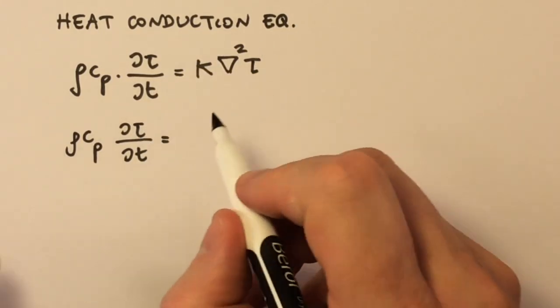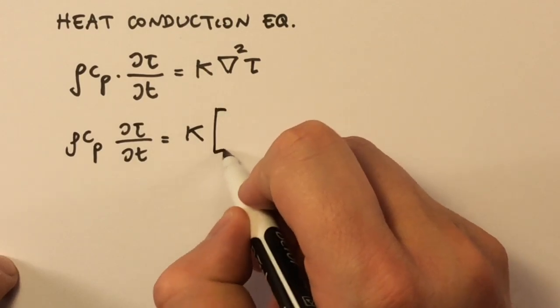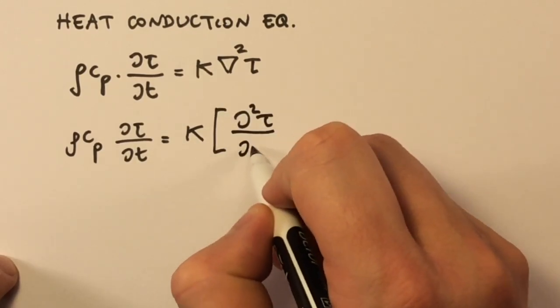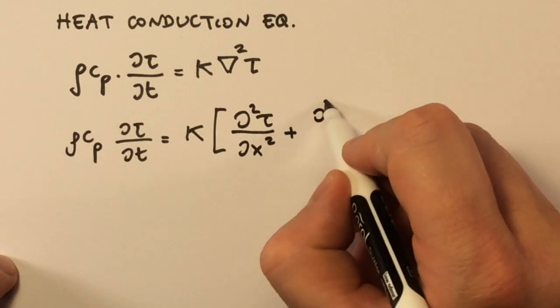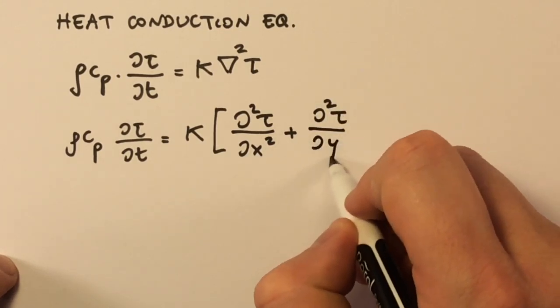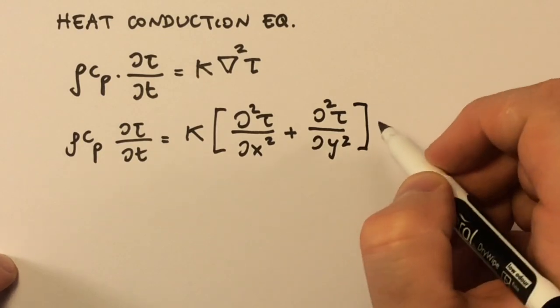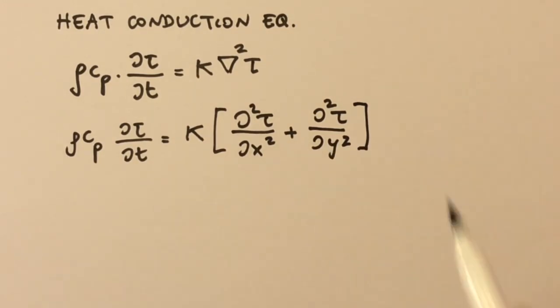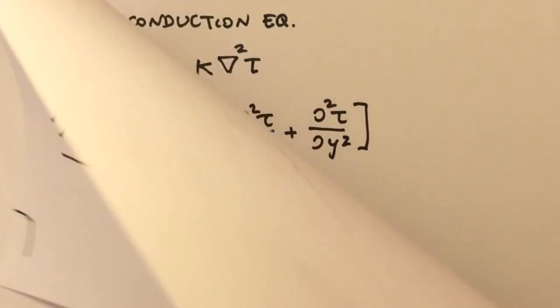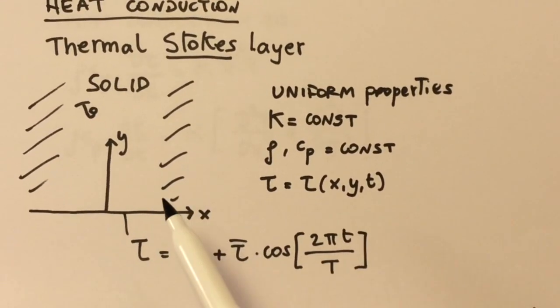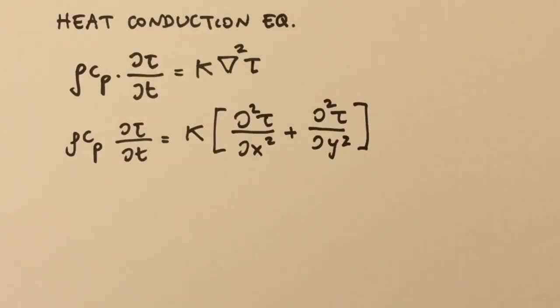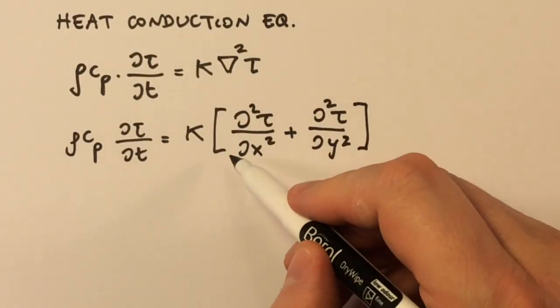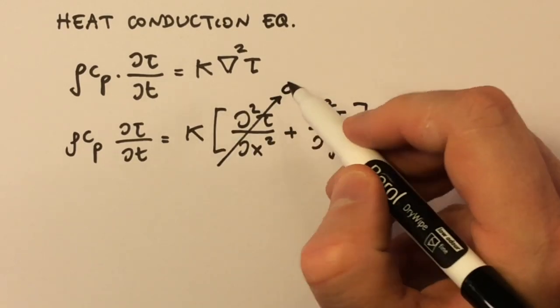Partial tau partial t equal K, and then we have second derivative of tau with respect to x, second derivative of tau with respect to y. So this is a 2D problem, so we don't have the gradients along the z direction, but since we saw before that the boundary condition does not depend on the coordinate x, then we can also neglect the second derivative along this direction, so this is 0.